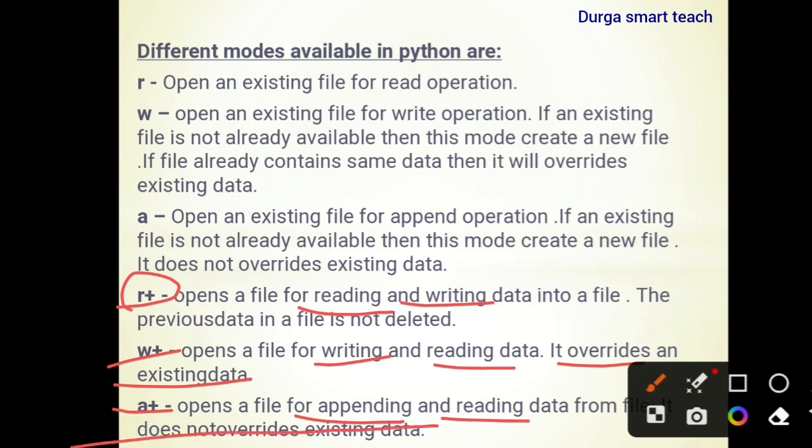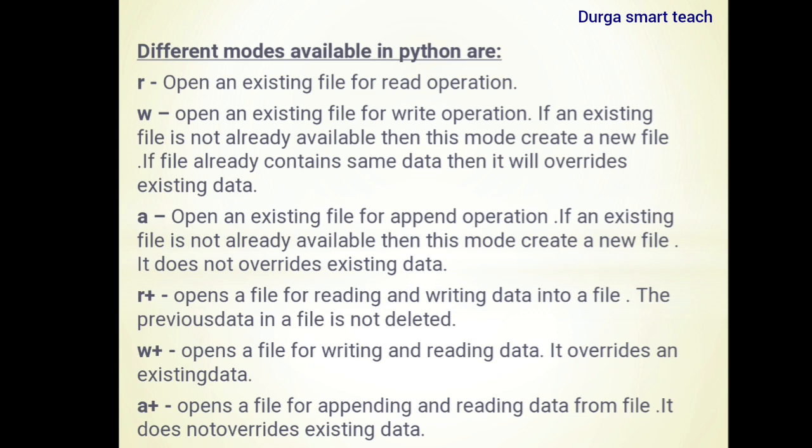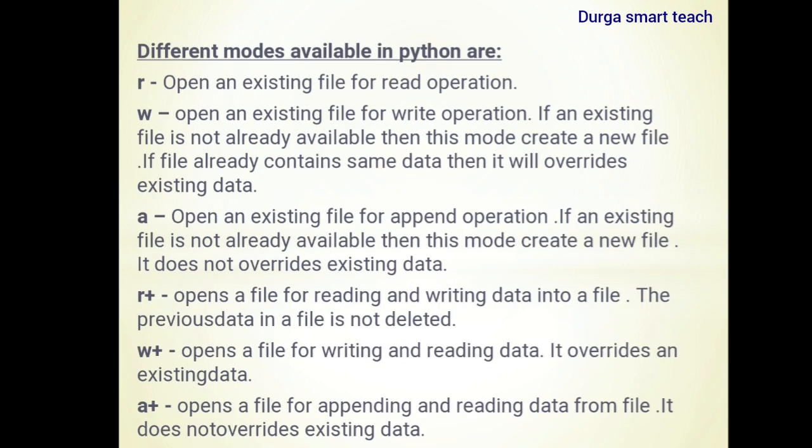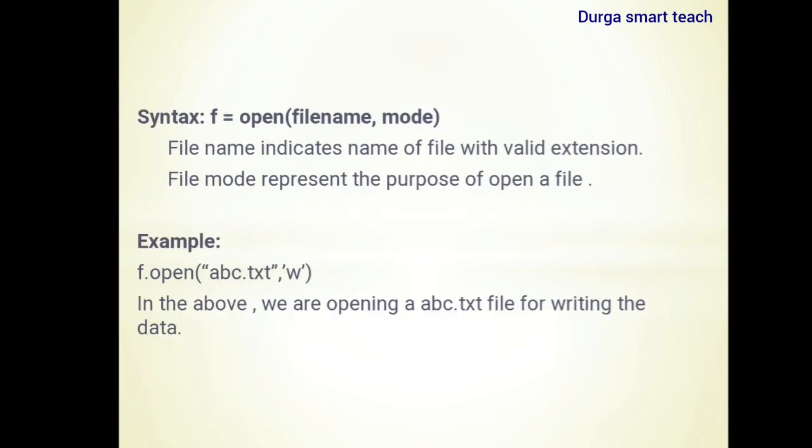So these are the different modes, different purposes you can use. If you want to read, you can give mode as R. If you want to read as well as write, you can give R plus. If you want to append and read, you can give A plus.